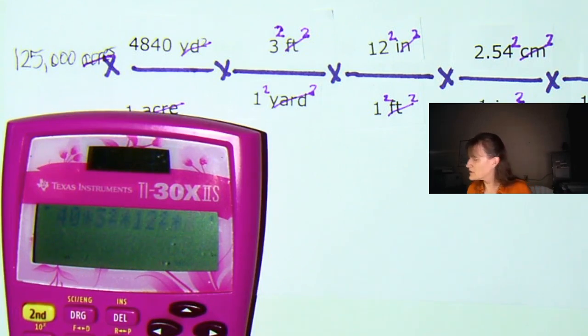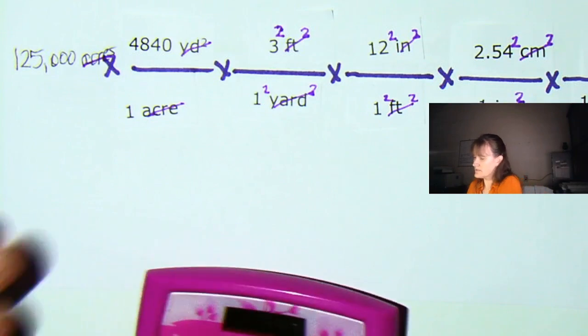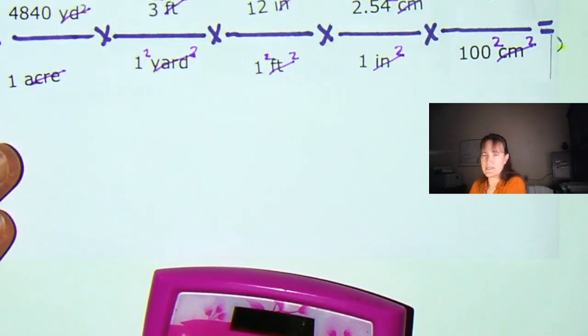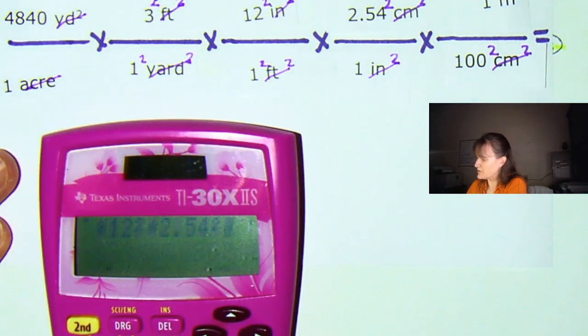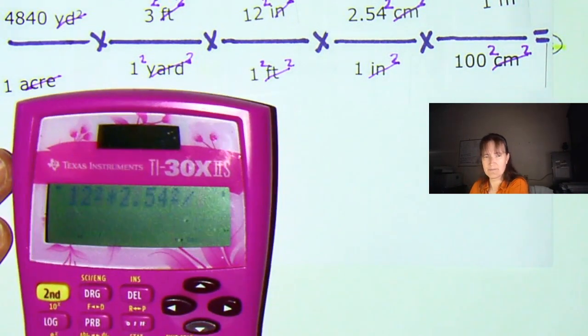So it's 2 times 2.54 squared. And then the last equality is in the denominator, and it's 100 squared. So I'm going to divide by 100 squared. And then I'm going to hit enter.